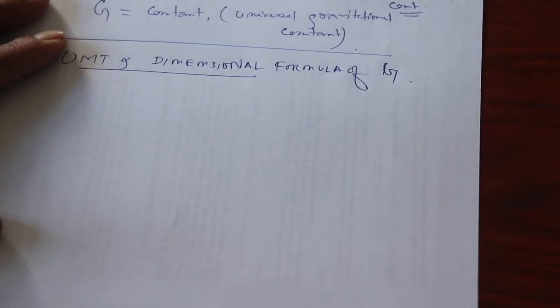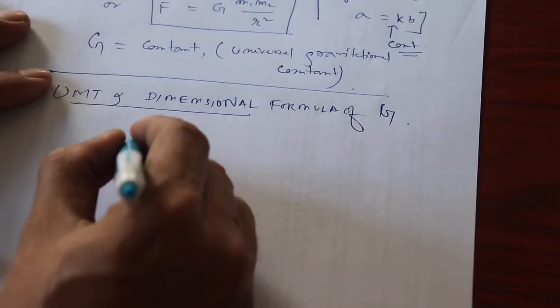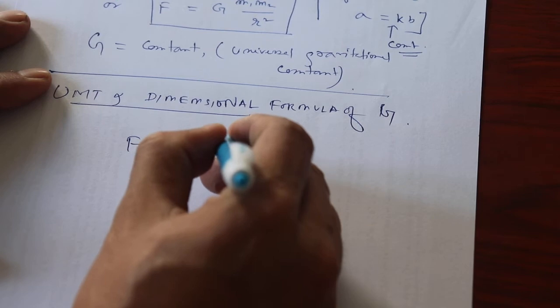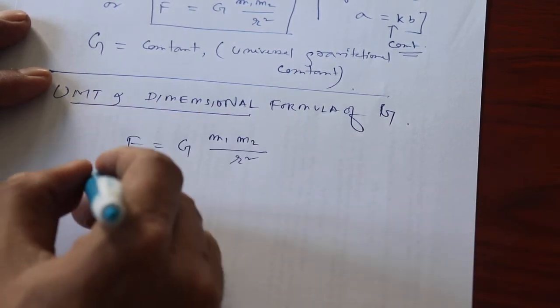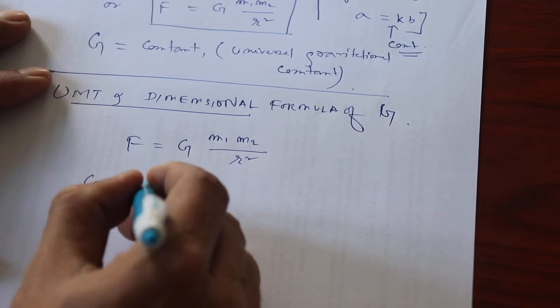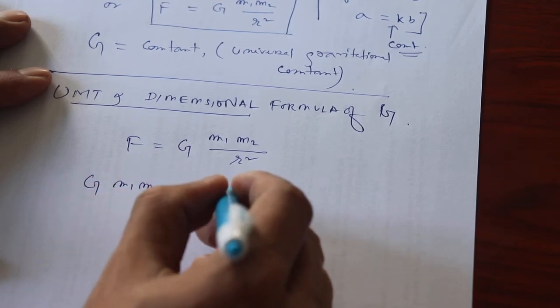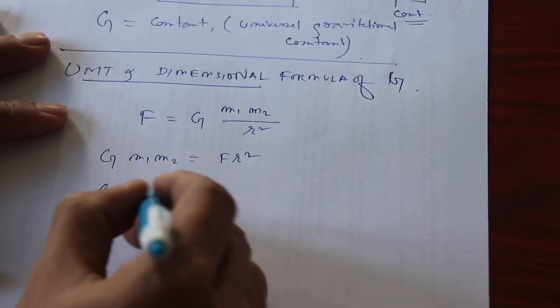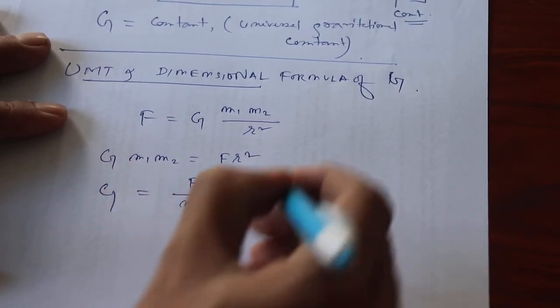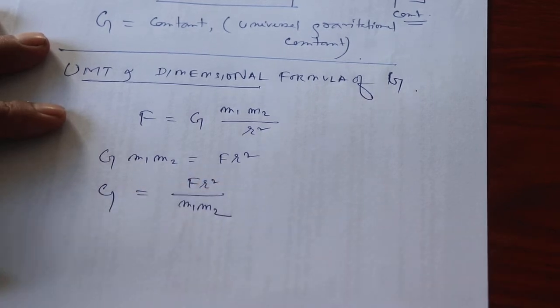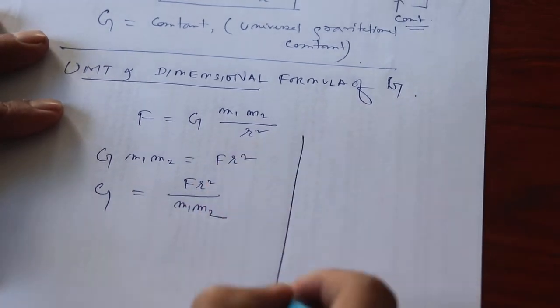Let us see. First, you select the formula. This is F is equal to Z m1 m2 by r square. Okay. Do cross multiplication. You get Z m1 m2 is equal to what? F r square. Right. Then Z is equal to what? F r square divided by m1 m2. Then in terms of unit, let us see.